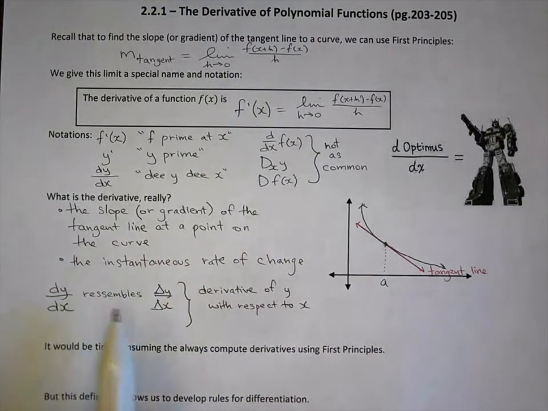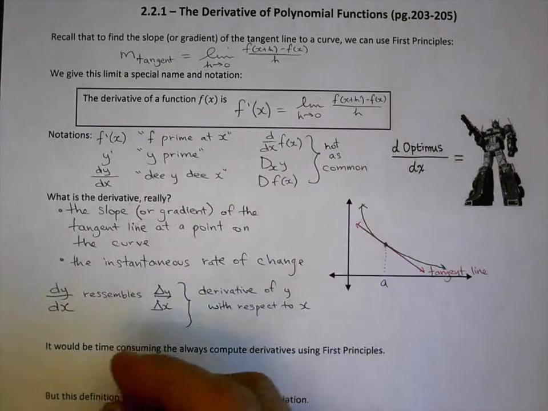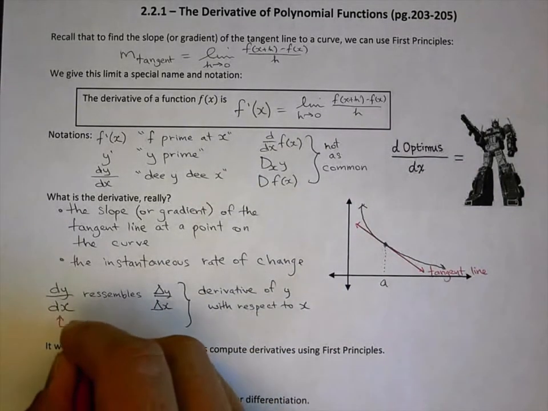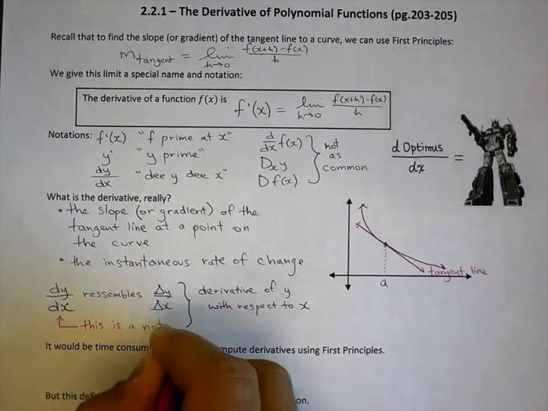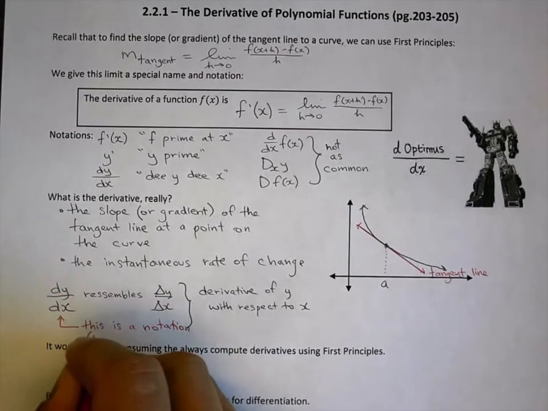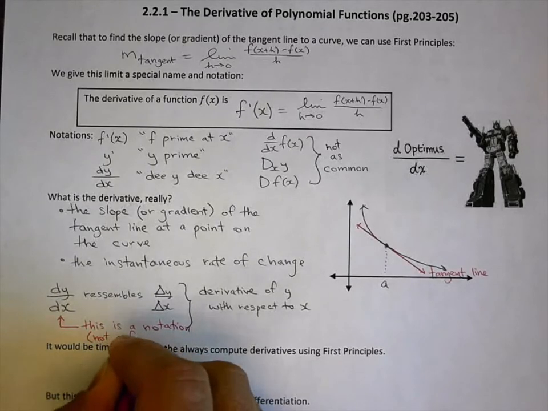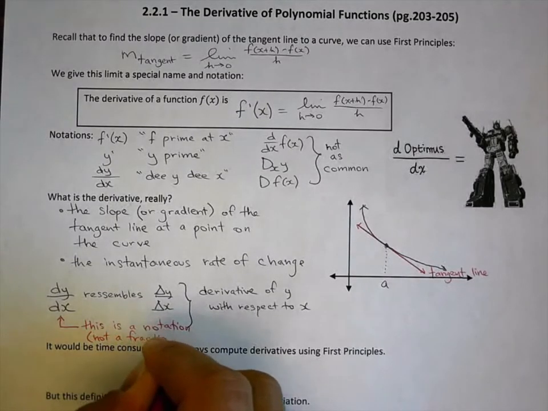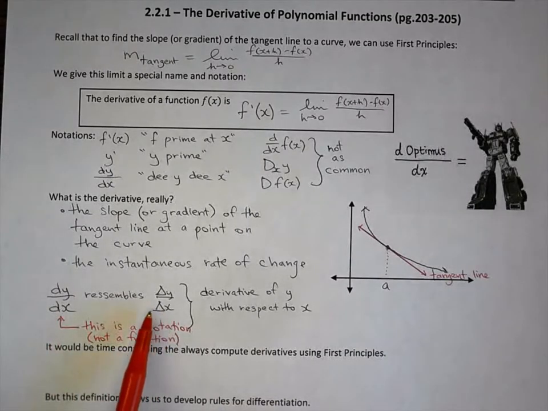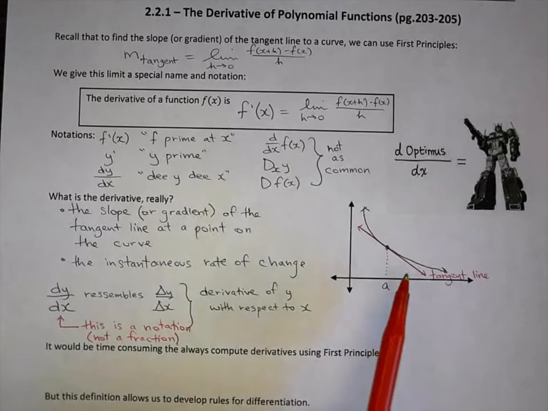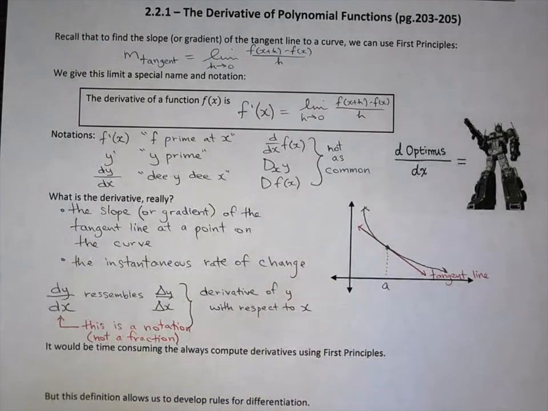These kind of resemble each other. For now, dy dx is a notation. It's not really a fraction, at least not right now. It's just a way of writing the derivative. But it does resemble this slope formula, and that's all related, because this rate of change is a slope.